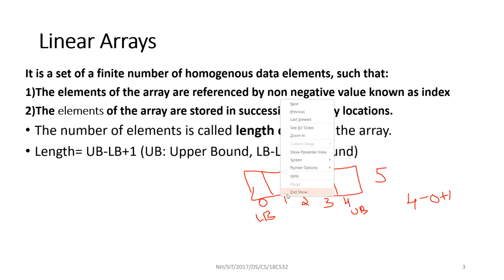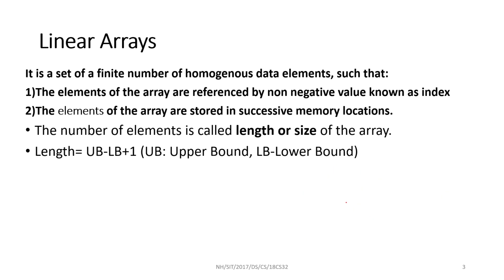Now we'll take the other case, when the array index starts from other than 0. Same example, 5 elements in this array. Now we'll take 1 as LB value: 1, 2, 3, 4, 5. Now we'll see whether it holds good or not. In this case, LB is 1 and UB is 5. So how do you compute length?